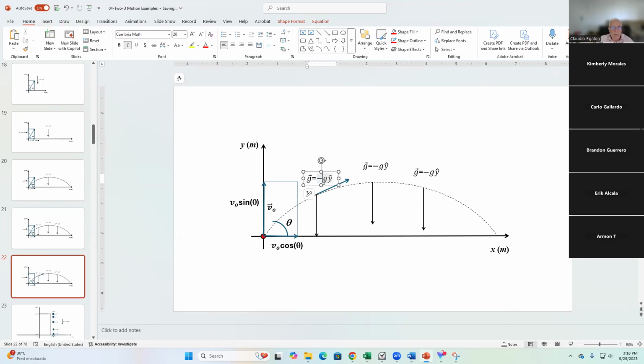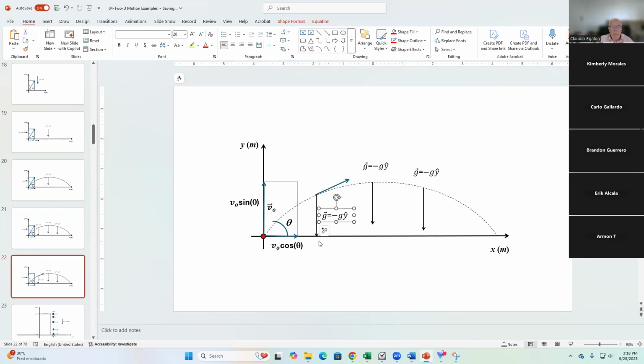Here we are going to have another velocity vector. At the top of the parabola, we're going to want to be even more specific.